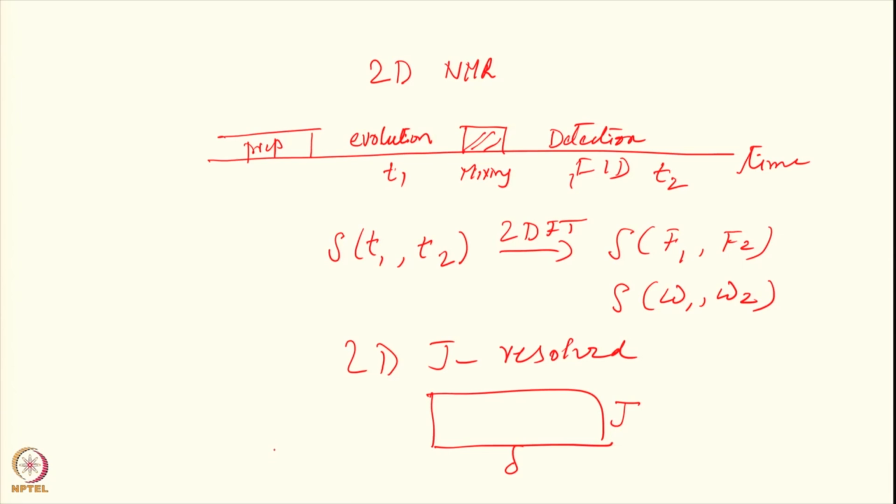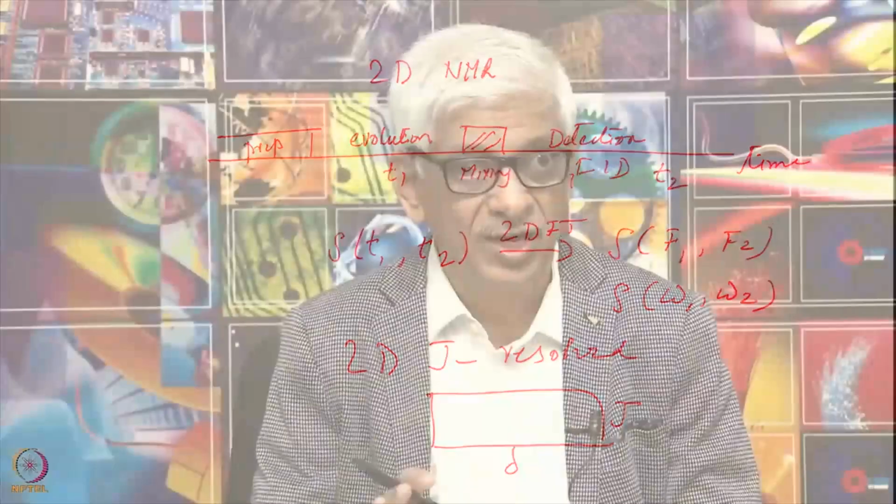And we are going to go into other kinds of 2D experiments, the correlation experiments. However, before we actually embark on the correlation experiments, we need to clarify some other concepts and define certain terms.